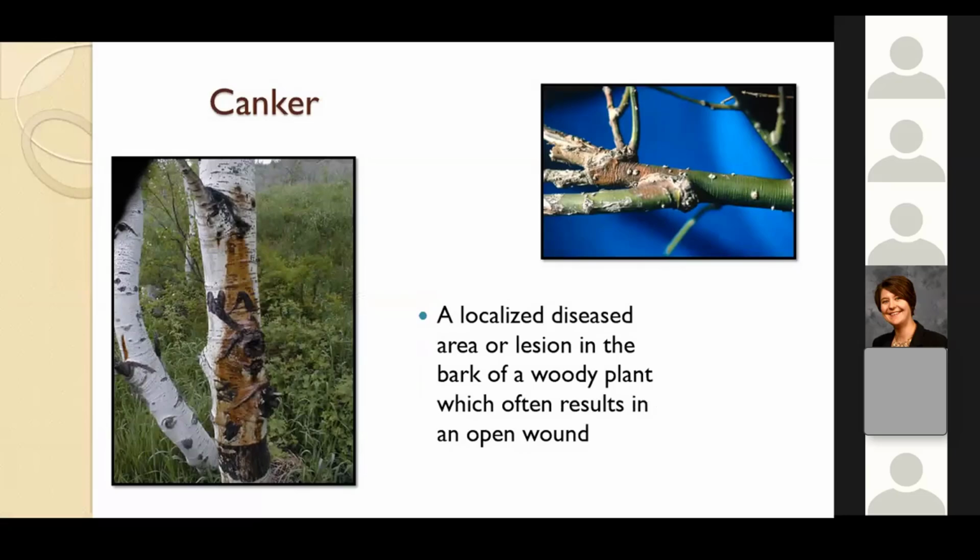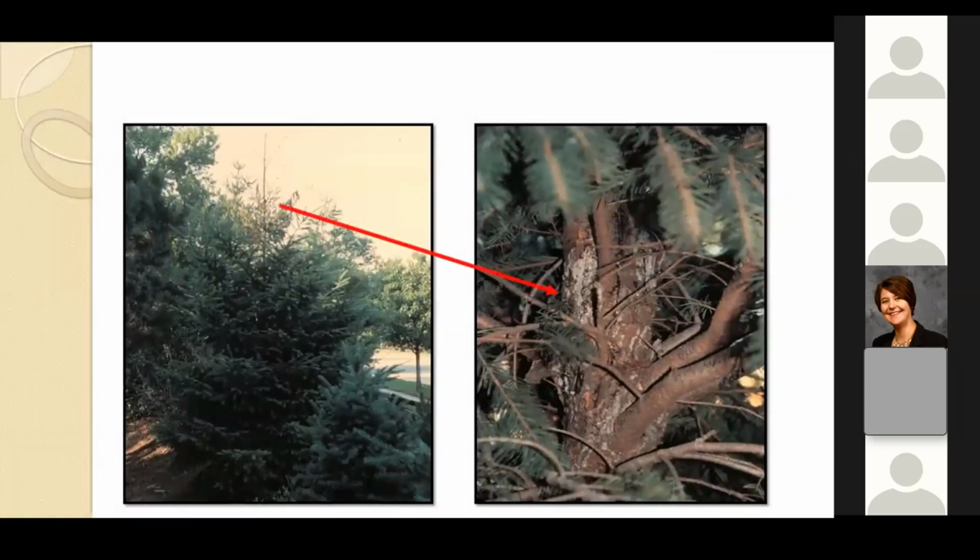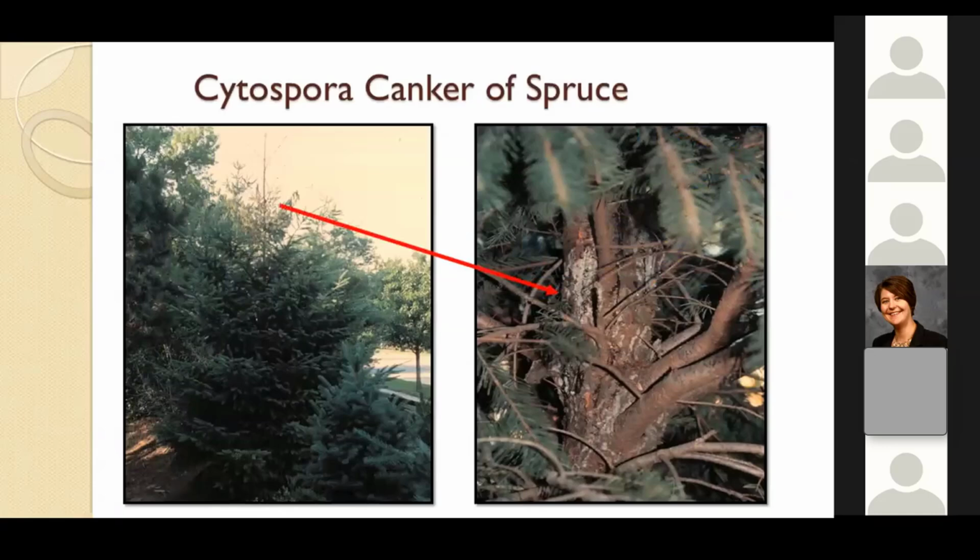The next one is just a general canker of a tree. Cankers are a localized diseased area or lesion of the bark that often result in an open wound. You can have cankers on the main trunks, on the primary branches, and on the smallest twigs. Here's an example, this is Cytospora canker on a spruce tree.